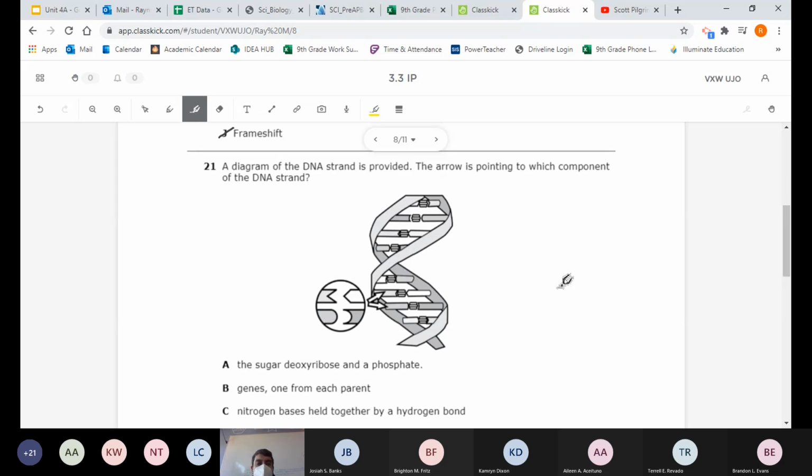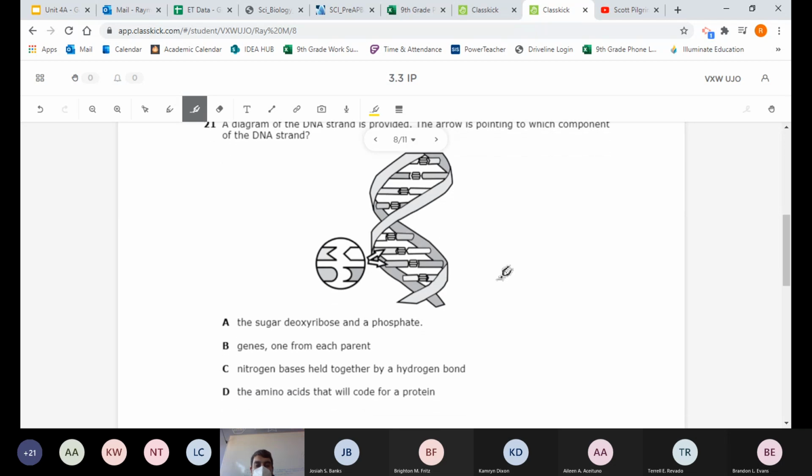Okay, a diagram of DNA strand is shown below, arrow pointing to which component of the DNA strand. So we know that this part of the DNA and this part of the DNA are different, right? If we're looking at a nucleotide, there's our 5-carbon sugar, there's our nitrogenous base, and here is our phosphate group.